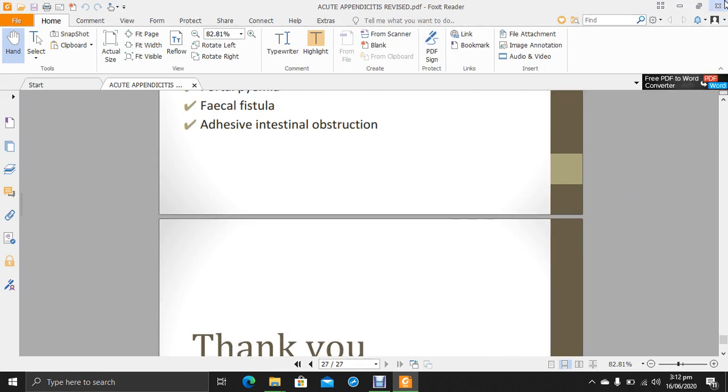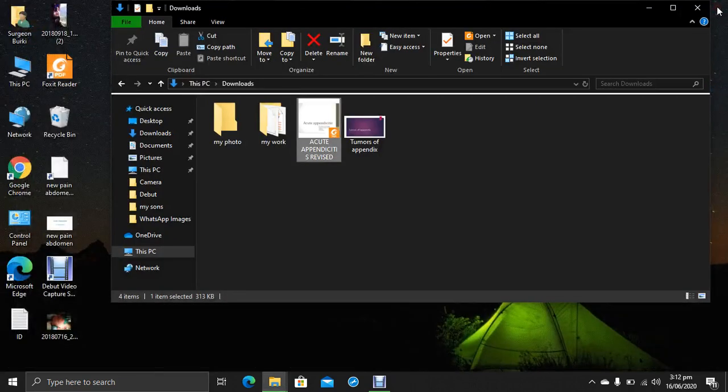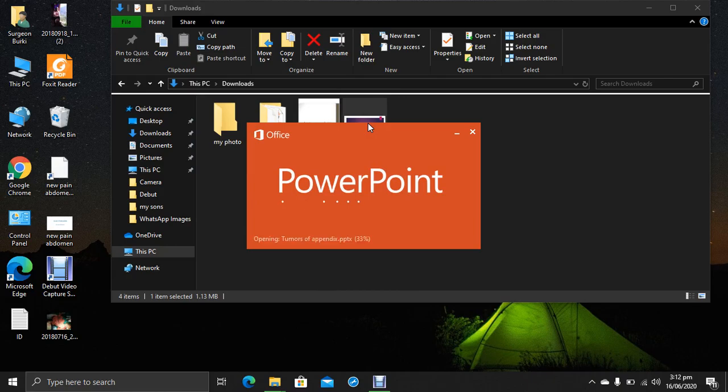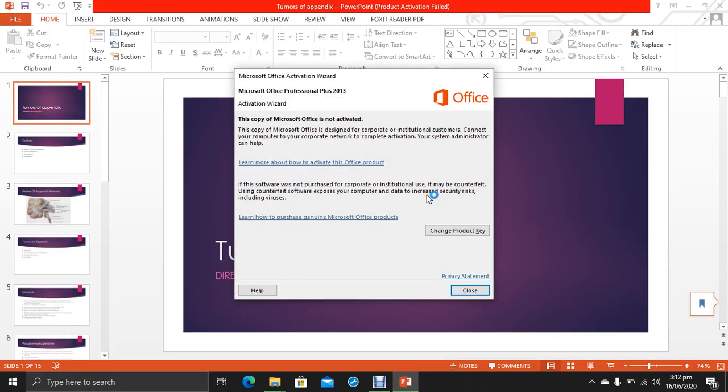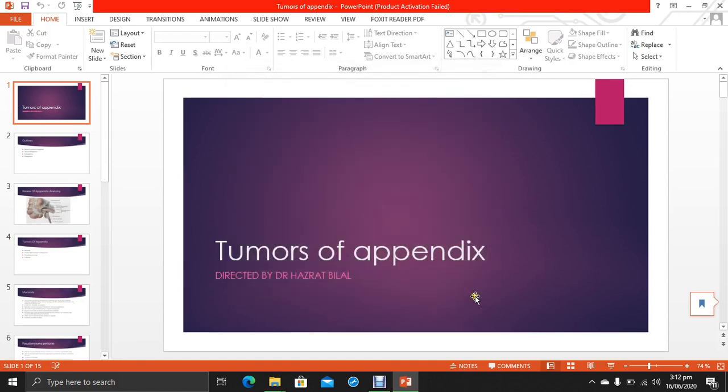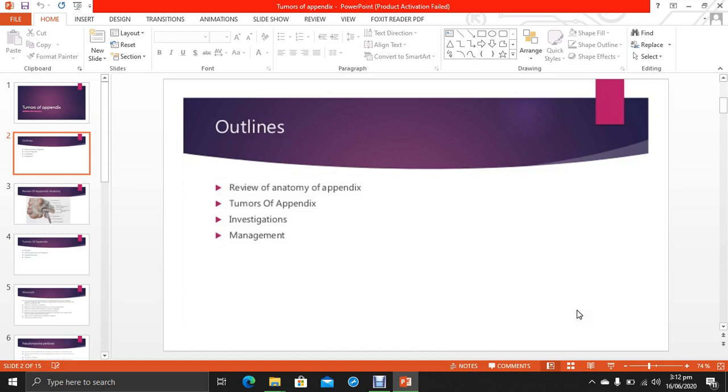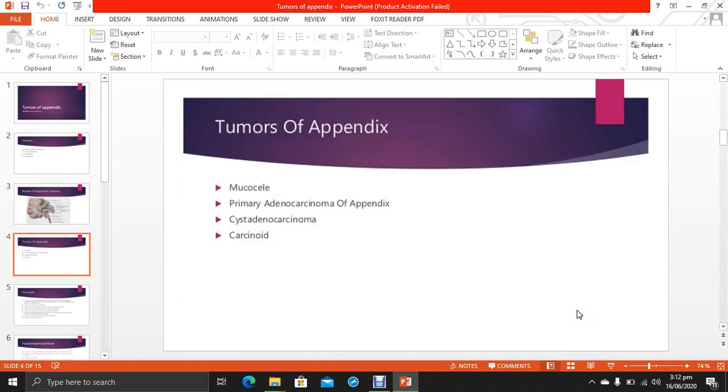So, this was all about acute appendicitis, but we are supposed to discuss the tumors of the appendix. We are least interested in the anatomy because we discussed the anatomy before.